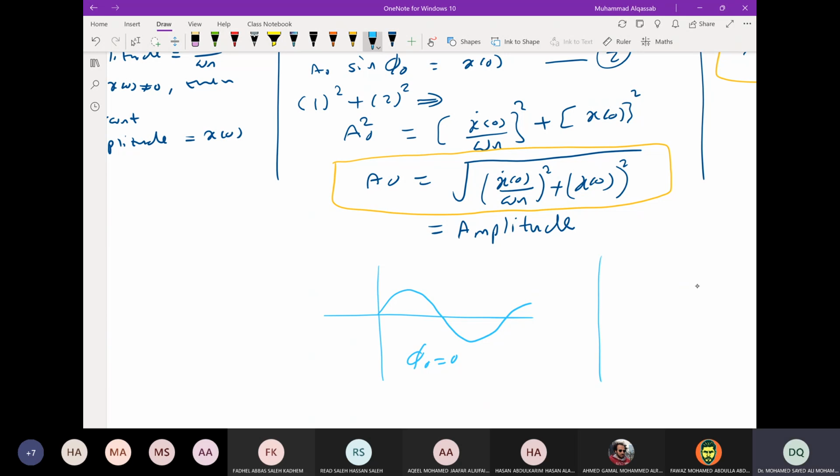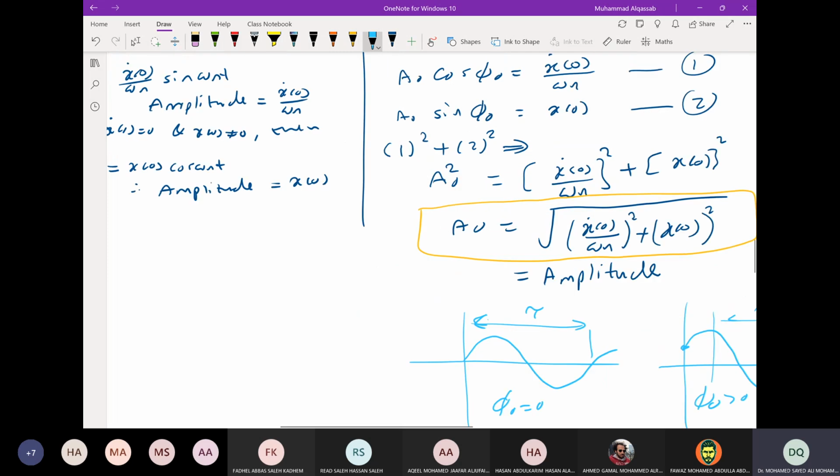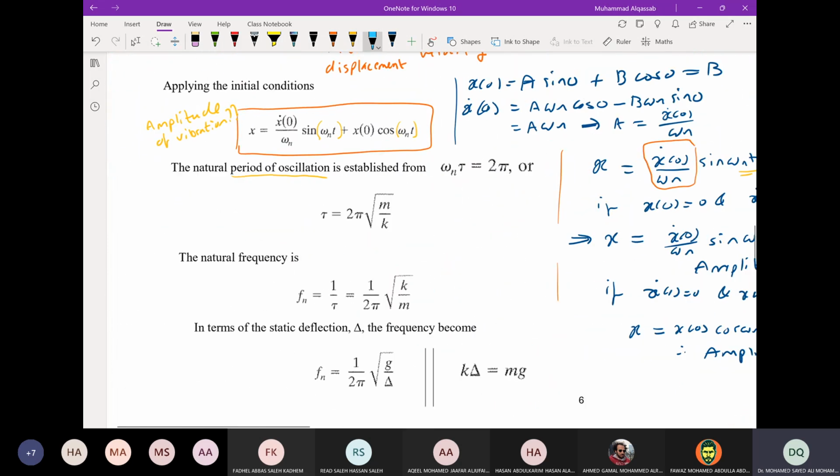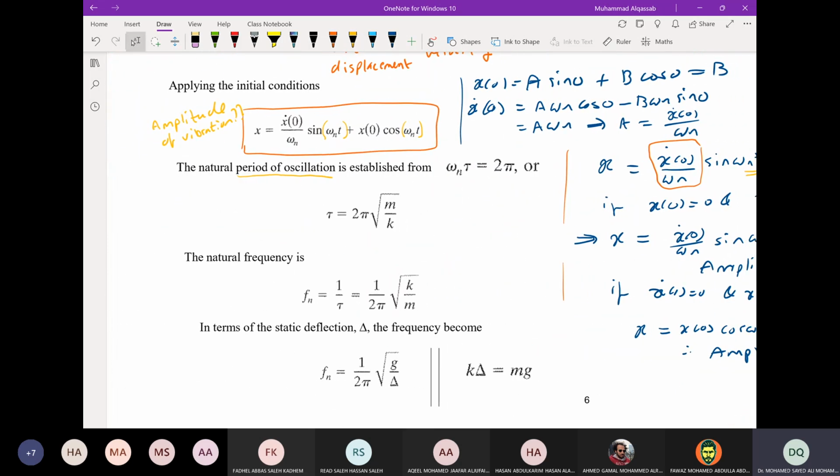If it is not 0, say positive, greater than 0, it's not starting from 0. So that is the phase. This will continue as a sine wave with one period. This is tau here, and this is tau here. So tau is the period of oscillation, which means the time to complete one cycle.